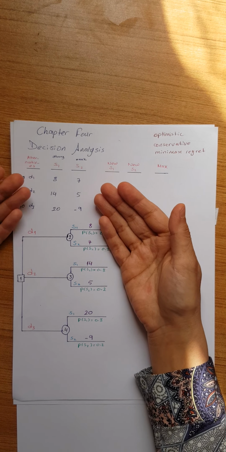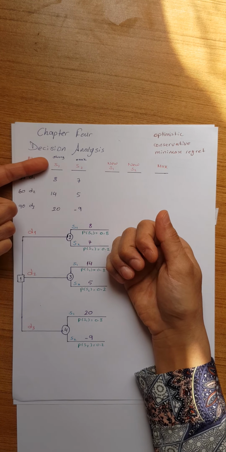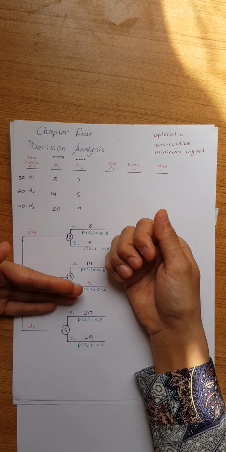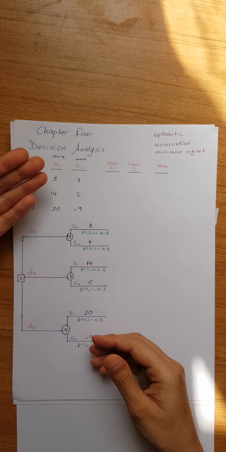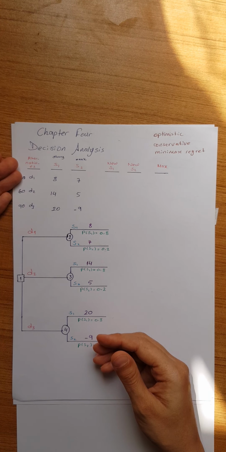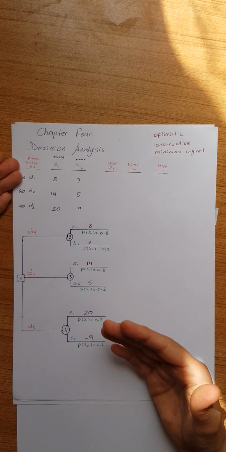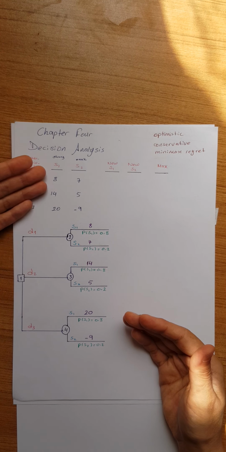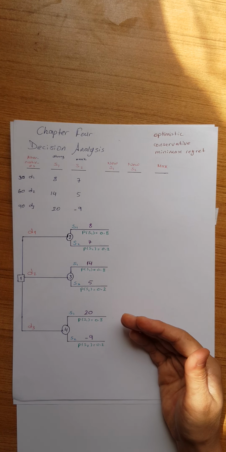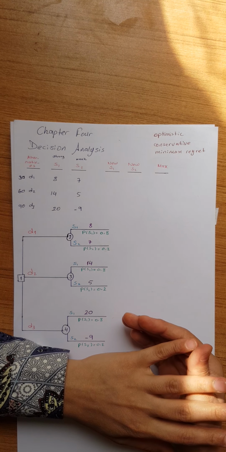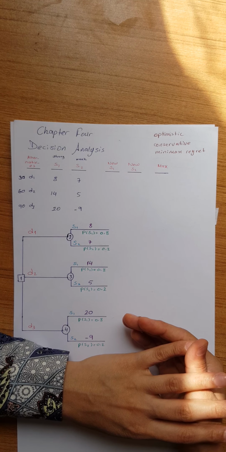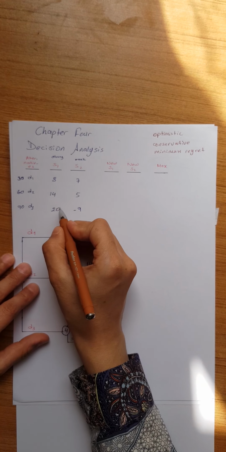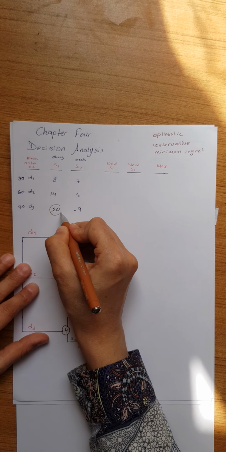Here, if you look, the states of nature that we have are strong and weak. Which one is optimistic? Of course, strong demand on the alternatives is the optimistic approach. So choosing the highest value in the strong demand is the optimistic approach for the problem that we have.